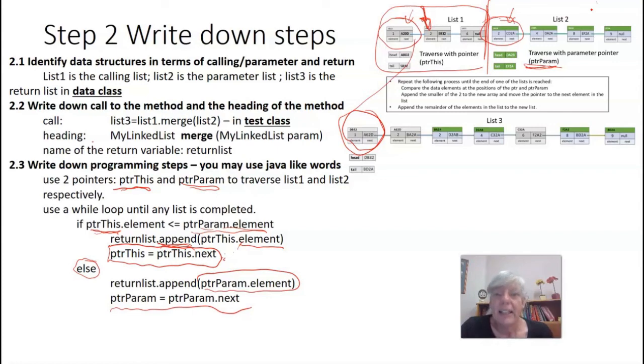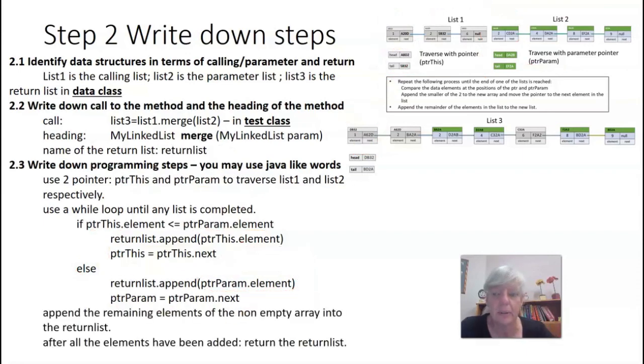If you do not understand that, you need to draw yourself lists, a short list and a long list, and play computer. Execute this code over and over again with different list examples, until you understand that I will reach the end of one list before I reach the end of another list. And after I've reached the end of the first list, I can simply copy all the remaining elements of the other list into the result list.